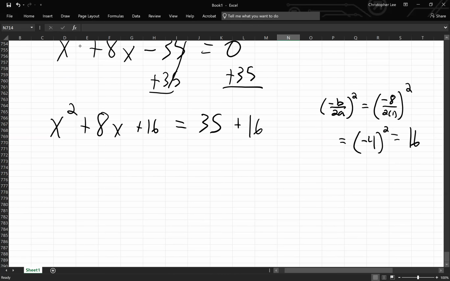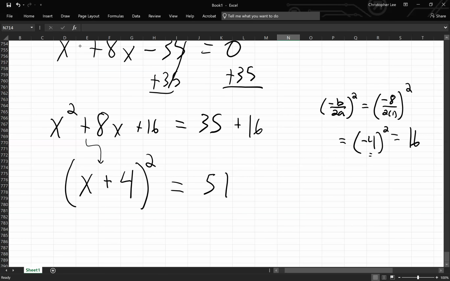So now we already know that this factor is going to be x, and whatever the sign of my b term is, that's going to be the sign of my factor. And whatever number I squared over here, that's the number that's going to be here by itself. So this is just x plus 4 squared is equal to, oh boy, what's 35 plus 16? 51. After that, just solve for x.